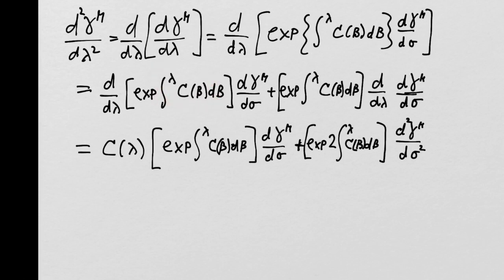Well, the derivative of its argument is d by d lambda of the integral to lambda of c beta d beta. Well, that derivative by the fundamental theorem of calculus is c of lambda, right?